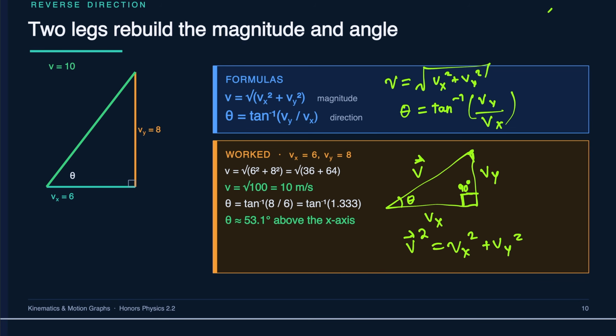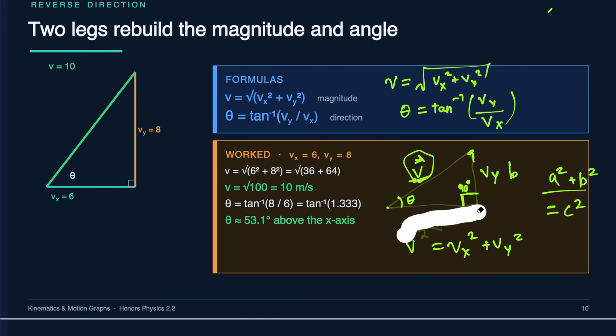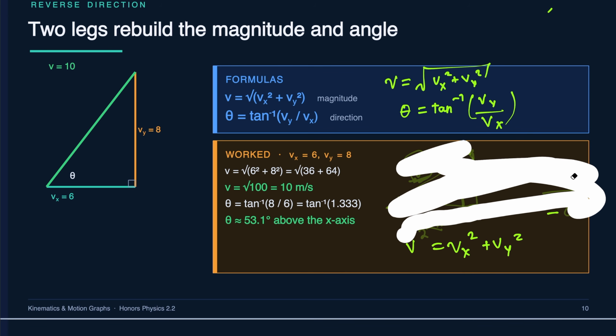Because isn't this just a right triangle? Vx is a squared, and then Vy you can just represent as b squared. It's actually b, and this is actually a, right? Not b squared and a squared, but you can just see it like that. And all of that is going to be equal to c squared, or the big hypotenuse, which is the vector. So this equation comes straight out of that.